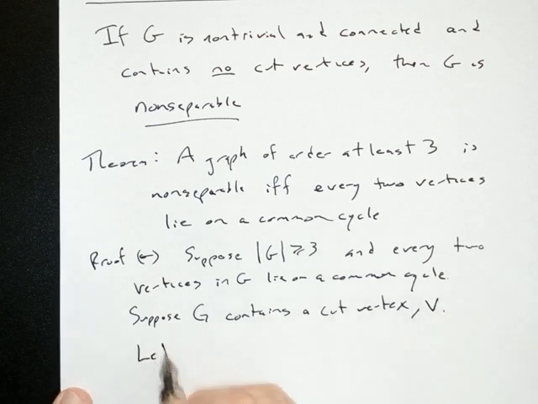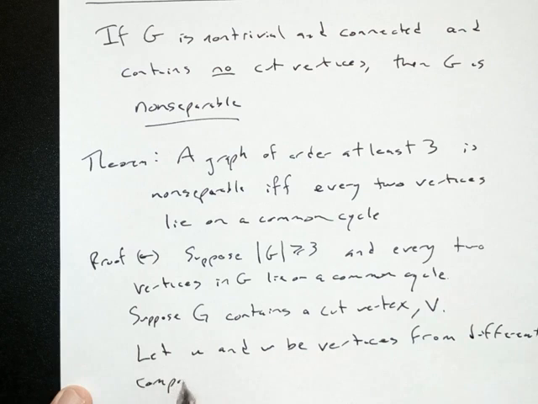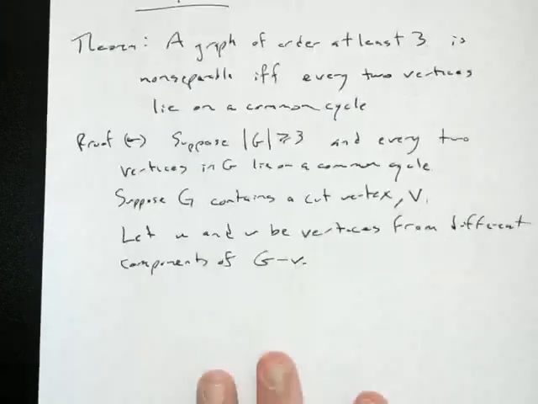Let U and W be vertices from different components of G minus V. What do we know about U and W?